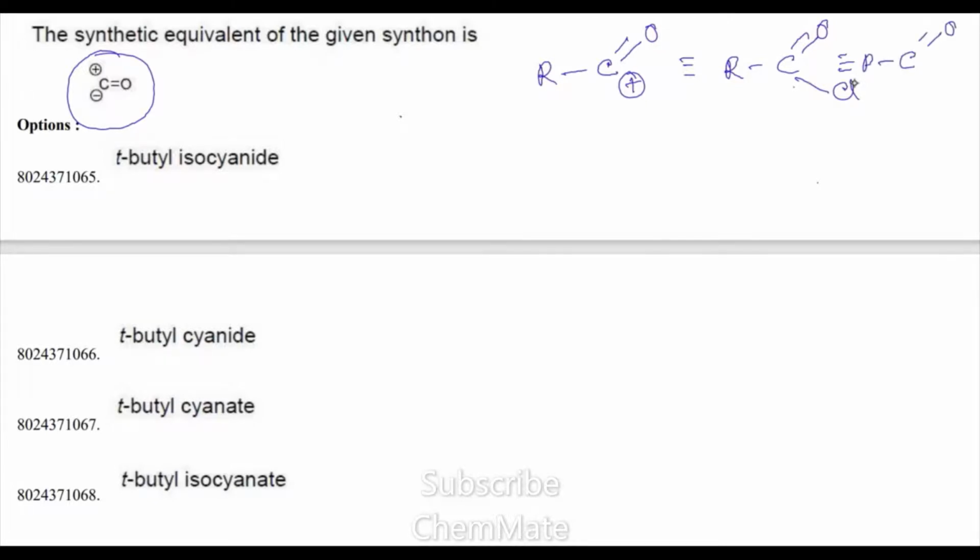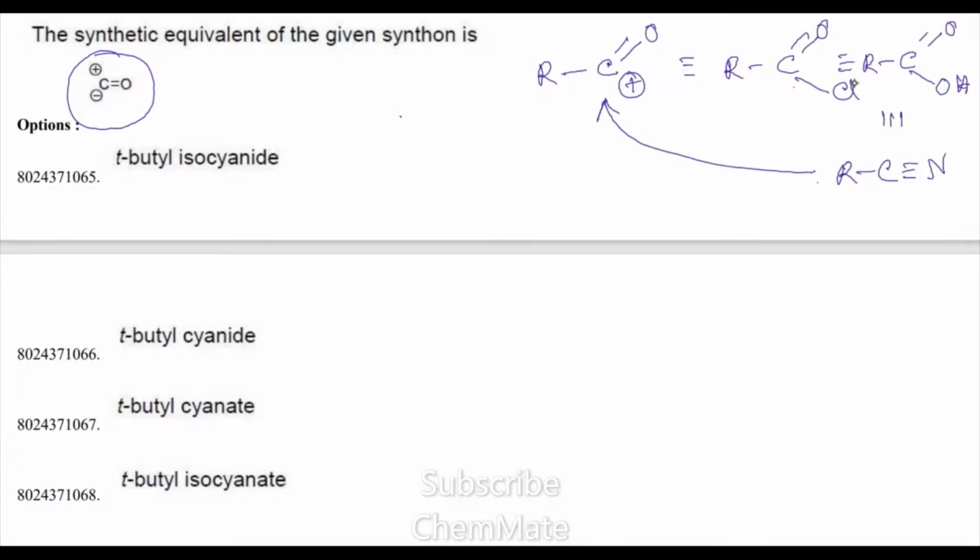We will get this acid chloride from this carboxylic acid, and this carboxylic acid we will get from alkyl cyanide.